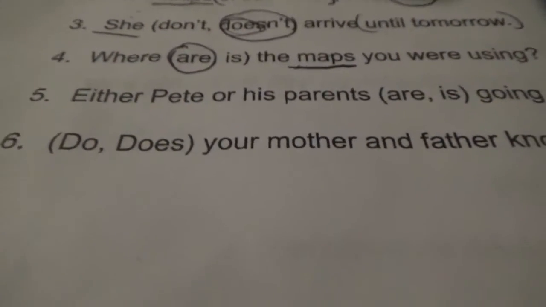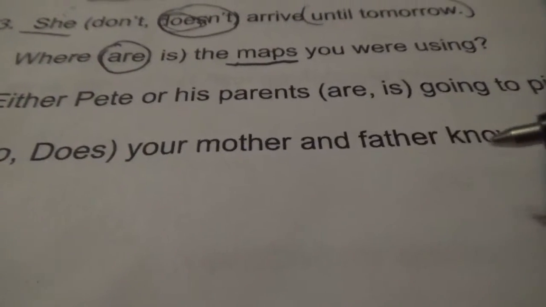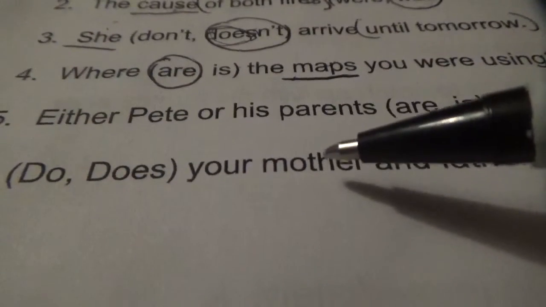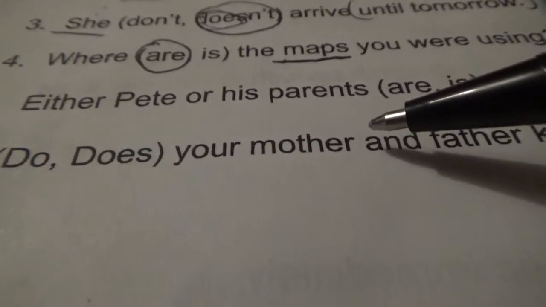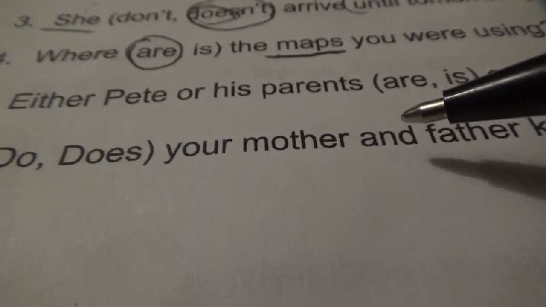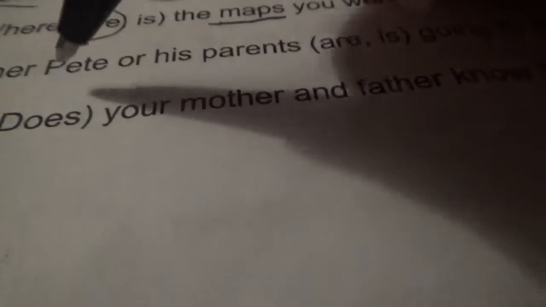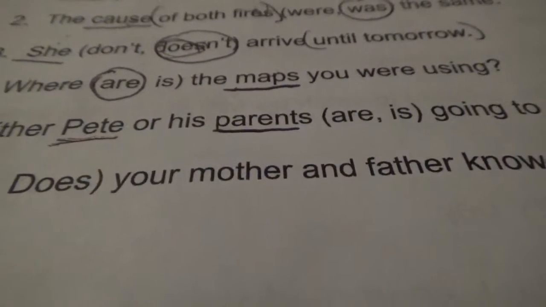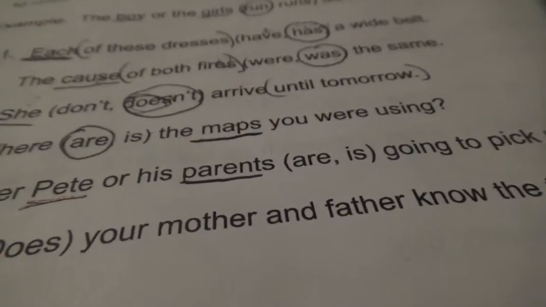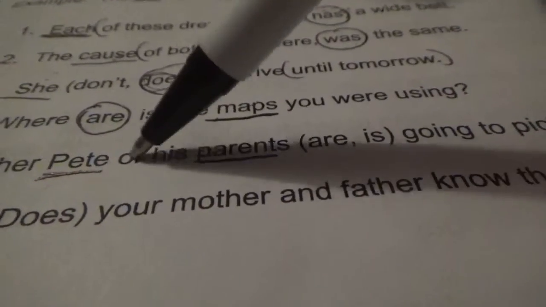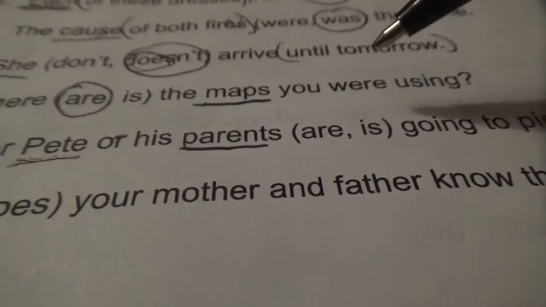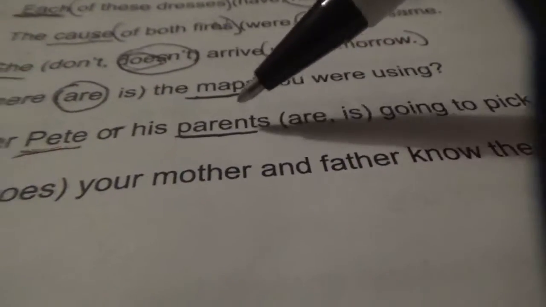Let's look at number 5. Either Pete or his parents are or is going to pick us up. This is a compound subject. We have Pete, we have parents. Compound subjects joined by and take plural verbs, obviously, because it's more than one. Compound subjects joined by or, remember, the verb agrees with the closer subject.